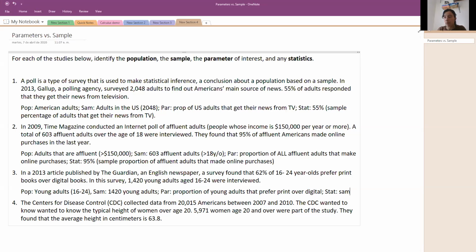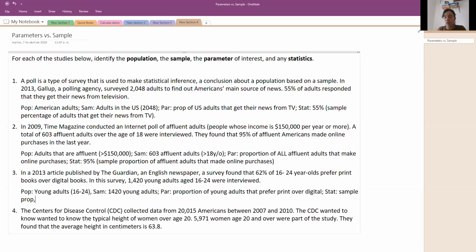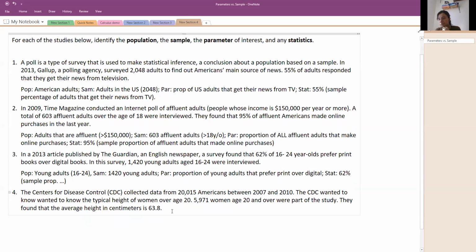So the sample proportion for the same thing, which in this case turned out to be 62%. So that's our estimation for the proportion in the population.